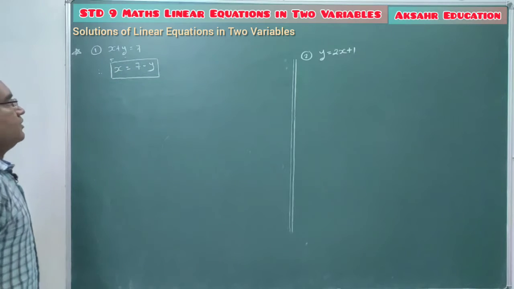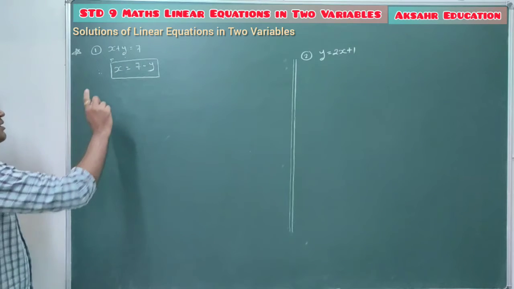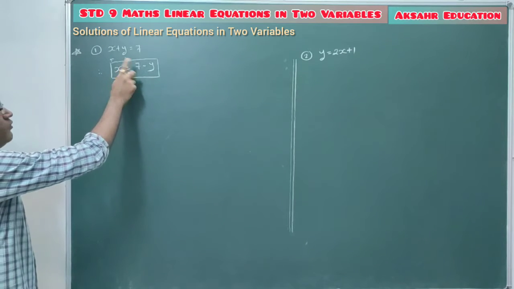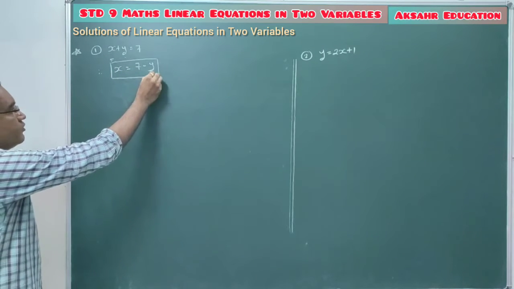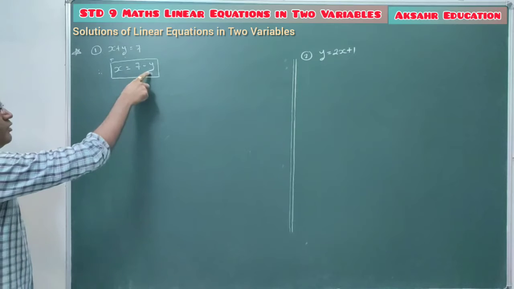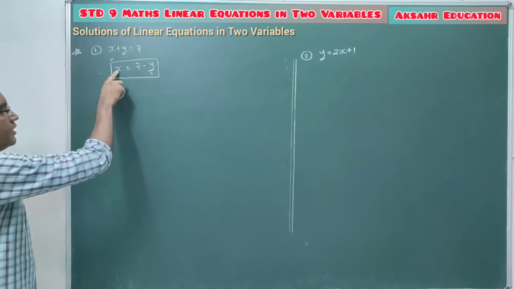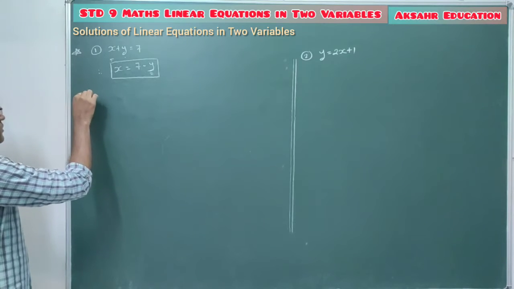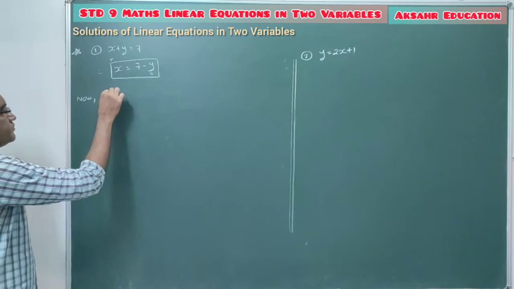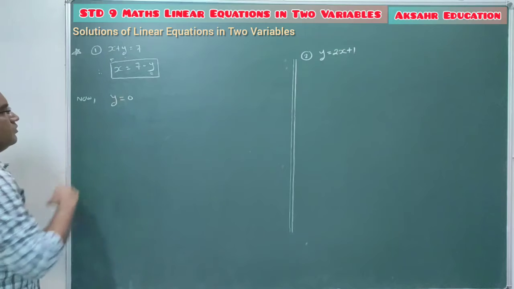Now the second step: after writing the given equation in the form of any one variable, you have to put in different values of y, and according to different values of y, we get the values of x. So now take y equal to 0.